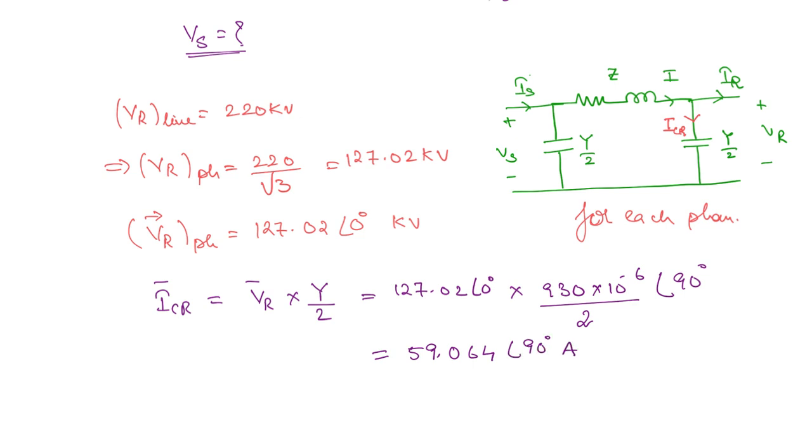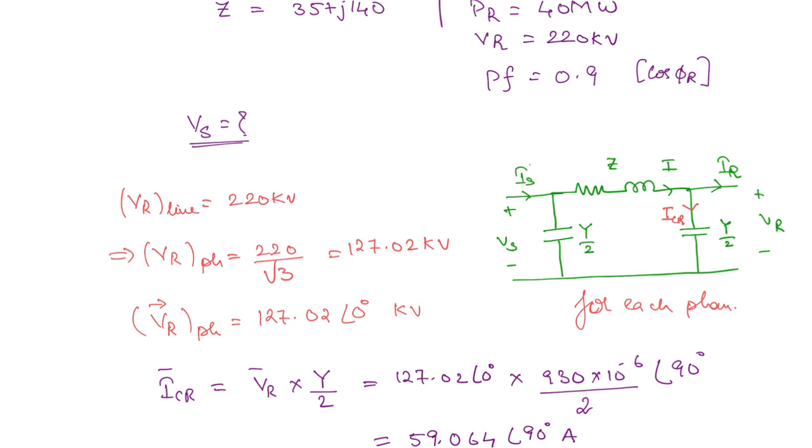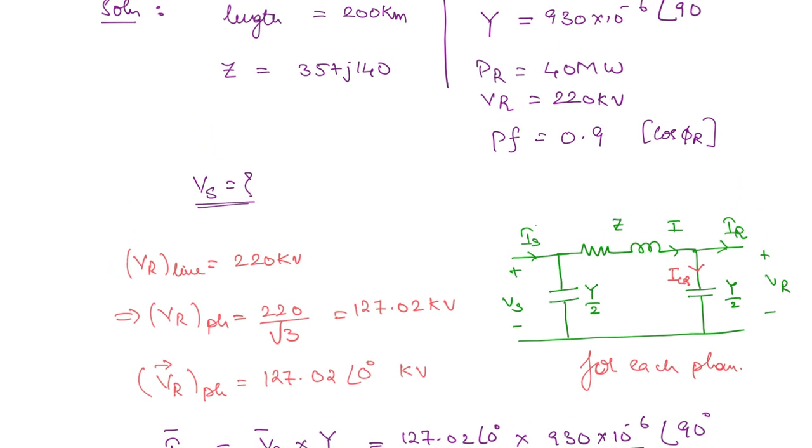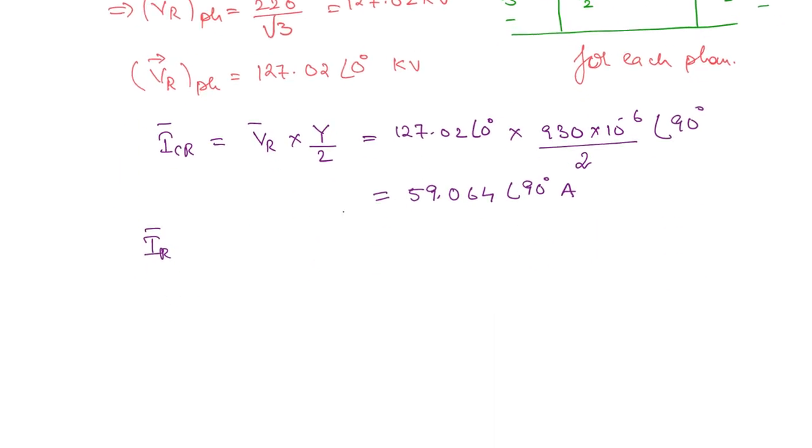Next we want the receiving end current IR bar. Now here, unlike the charging current, you're not dealing with the impedance. Instead, what is the information that you have? You have the receiving end power as well as the power factor. So the power is root 3 VL IL cos phi, the line values, right? So here you can write down PR is equal to root 3 VR line voltage, IR line current is same as phase current, so not big difference here, cos phi r.